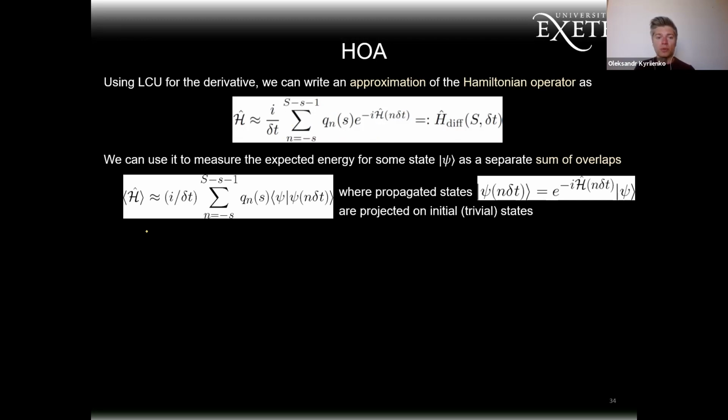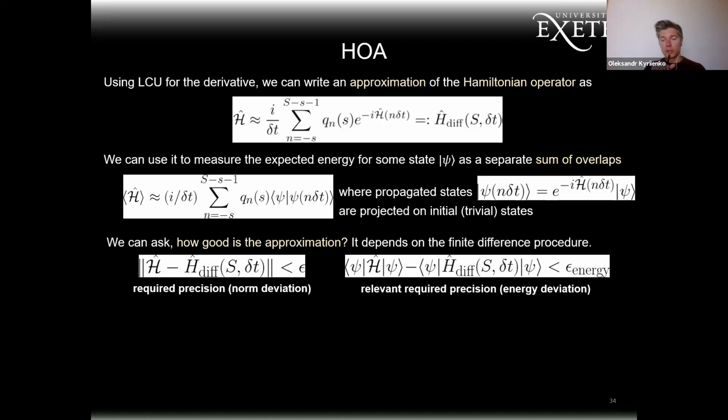So if I take the expectation value of this Hamiltonian, I can write it as a sum of overlaps for different phases. And compared to inverse iteration, I don't even need to account explicitly for normalization because that's automatically satisfied. So just measure these overlaps at different points, and you have a prediction of the energy.